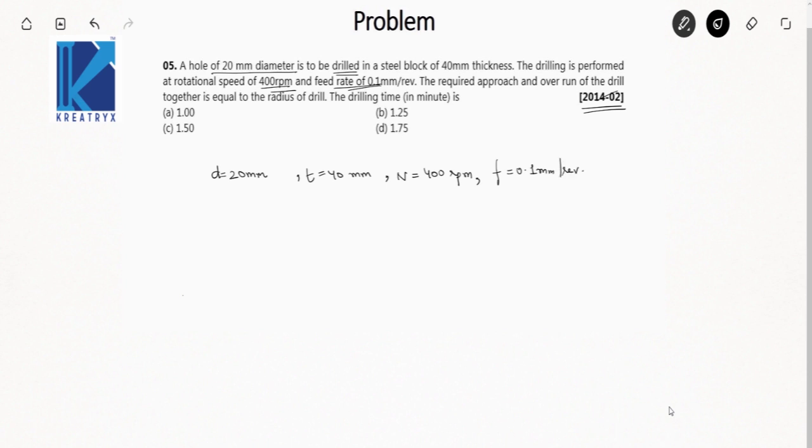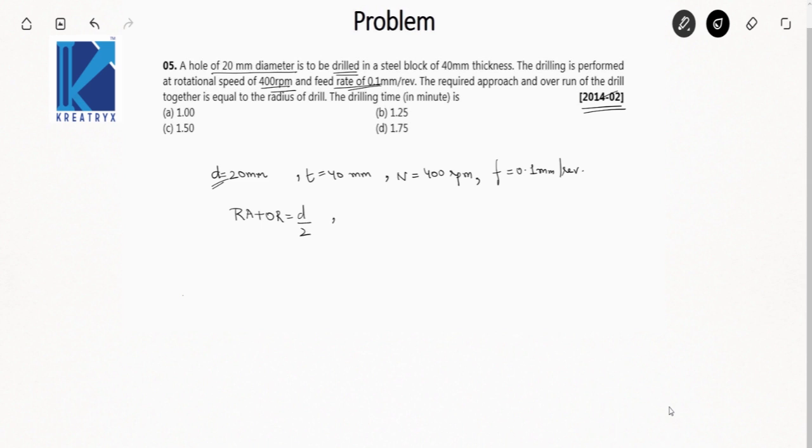And they are saying now that the required approach and overrun of the drill together is equal to the radius of the drill. I am representing the required approach as RA and overrun as OR, which equals the radius of the drill, and the dia is 20, so d by 2.